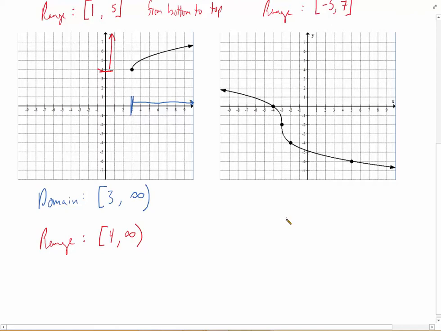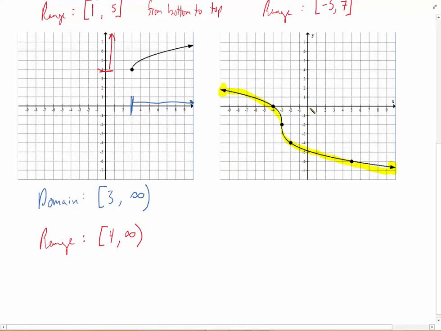And the last curve we see has arrows to the left and to the right. The curve itself, from left to right, is decreasing the entire way. It's always moving downward as I move from left to right, but I can continue to the left as far as I want and to the right as far as I want.